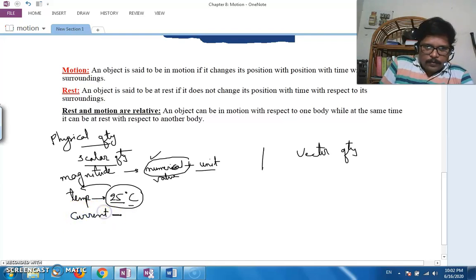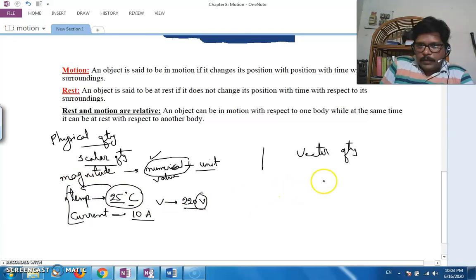The current flowing in the wire is 10 amperes. That is sufficient: the amount of current along with the unit. What is the voltage? The potential difference is 220 volts. So numerical value along with the unit. All these quantities come under scalars.